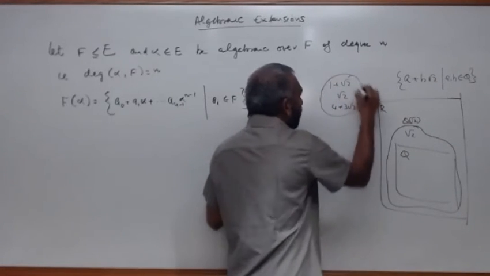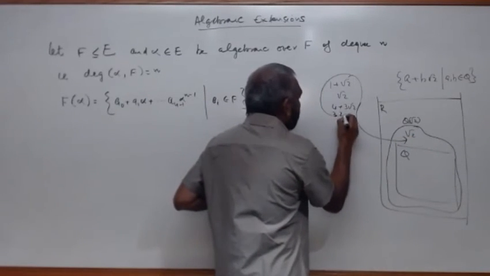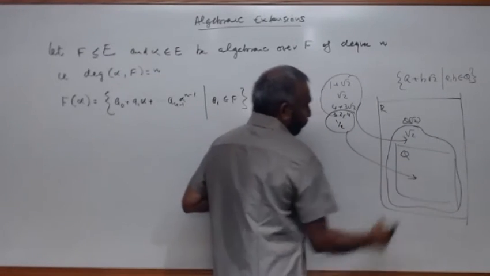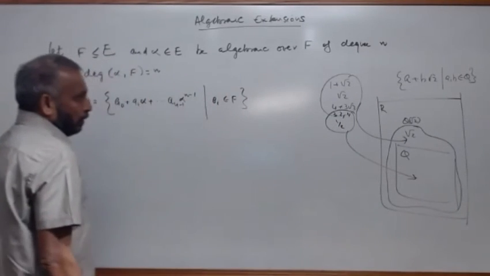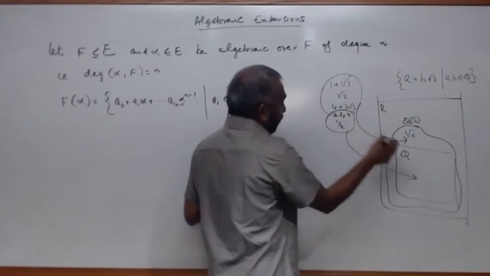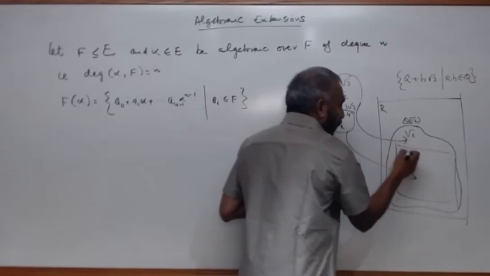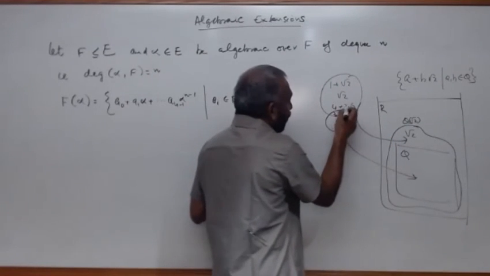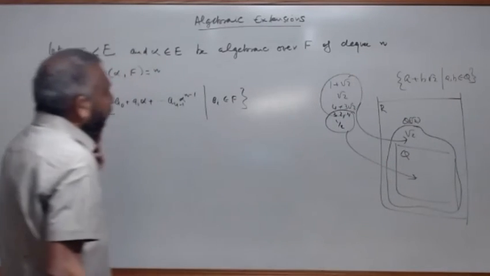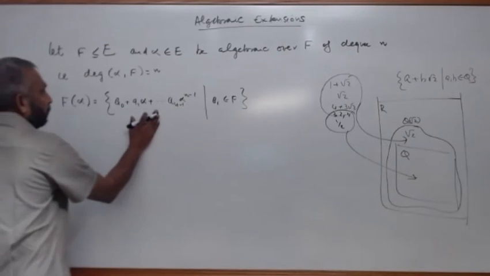These are all elements here. And also we can have 2, 3, 4 or half, because these all come under here. The elements that contain root 2 are outside Q, and the elements that do not contain root 2 are here. So that is what this one is.